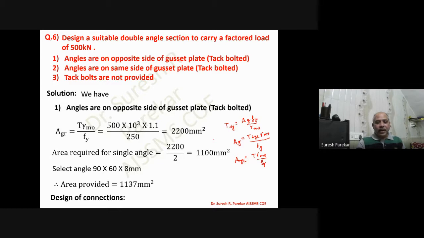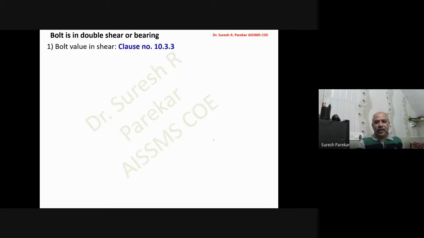Now whenever we go for design of members, we also have to design the connection. In the case of tension members, my connection is in tension, and we have to design the connection in such a way that it should not fail, or the strength of the connection should be greater than the strength of the member. So now we are going to use 20 mm diameter bolts. You can use 16 or you can use 20.